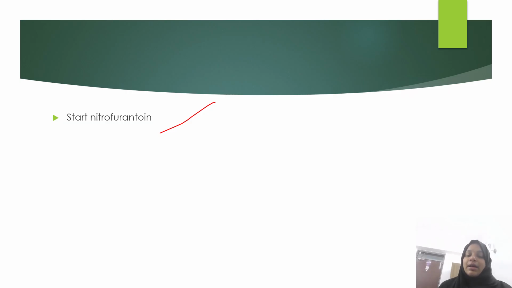If they are coming with recurrent UTI, in females it can be a VUR, a vesicoureteric reflux, right? Or a posterior urethral valve. But in adolescents, or if it's elderly also, you can look for diabetes, any underlying cause which is predisposing them to recurrent UTI. But the treatment can be oral itself because they have responded well previously.